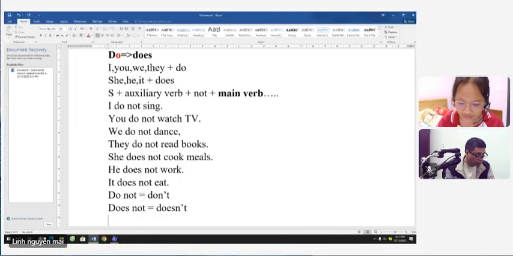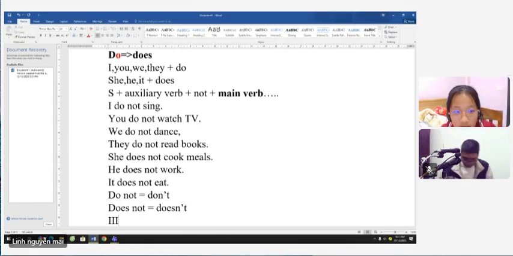So next one, we will learn about the question. The negative and the positive are really easy because they are the same as the lessons that we have learned before, so I think you can understand it easily.